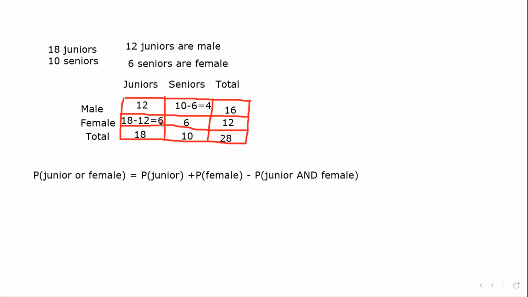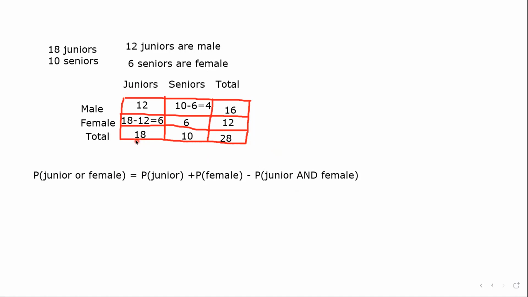These 6 juniors here are female. That's this group, junior and female. The total number of juniors we have is this. Here's my juniors, here's my total, 18.